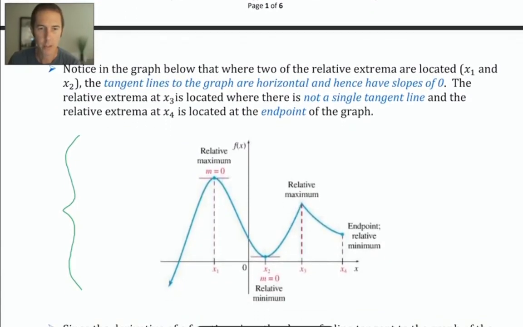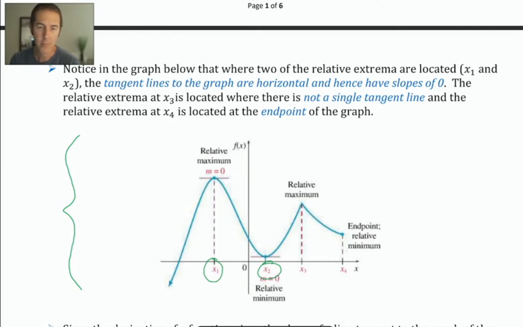This graph, actually. So some things are pointed out here for you, where at the x values x1 and x2, so on our graph, here's x1 and here's x2, you'll notice that there's a little tangent line segment that's been drawn there, and that tangent line has a slope of 0. And that is a characteristic of an extrema.